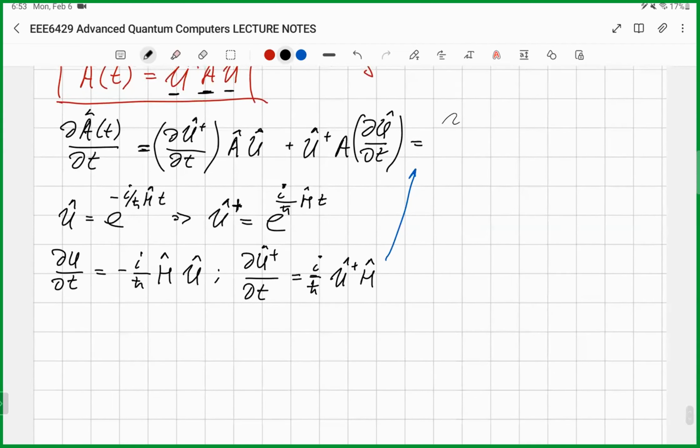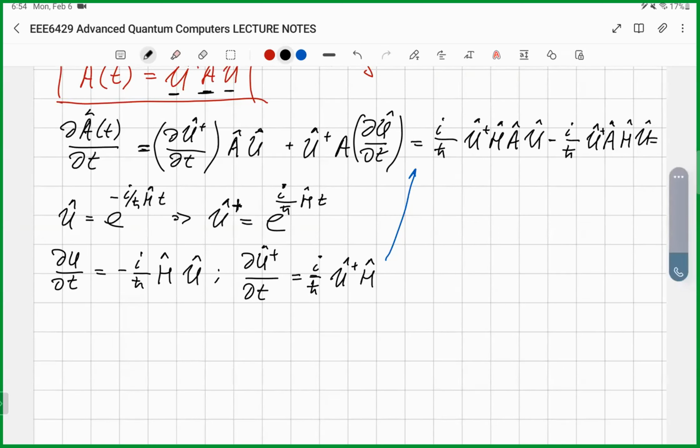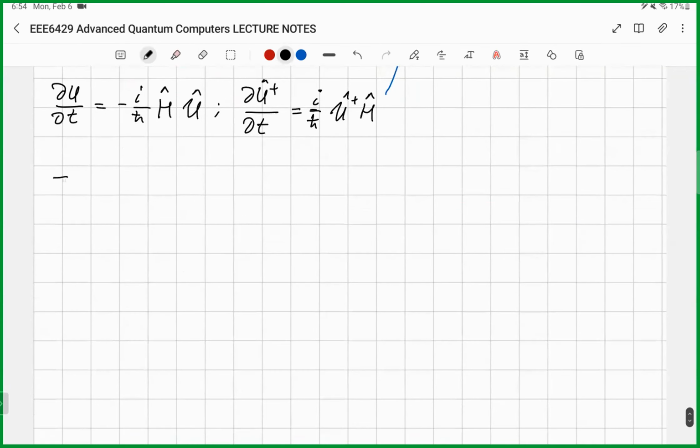I'll get i over h, U dagger, H, then operator A, then operator U, and then minus i over h, U dagger A, H, U, equals to, let's go here.